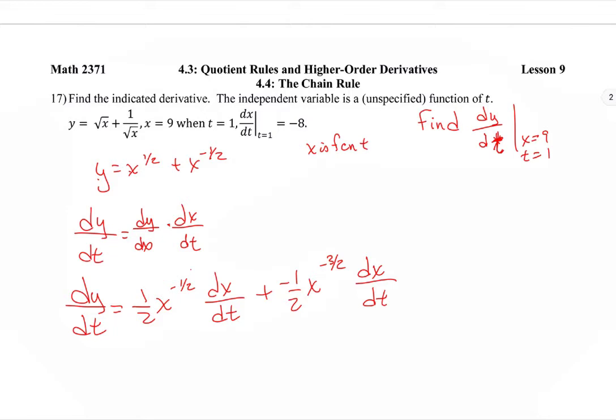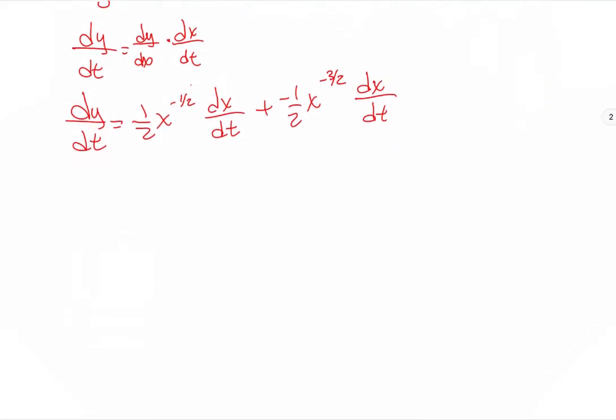So the derivative of x with respect to t is dx/dt. Now I'm going to put in x is 9 and t is 1, and evaluate dy/dt when x equals 9 and t equals 1.